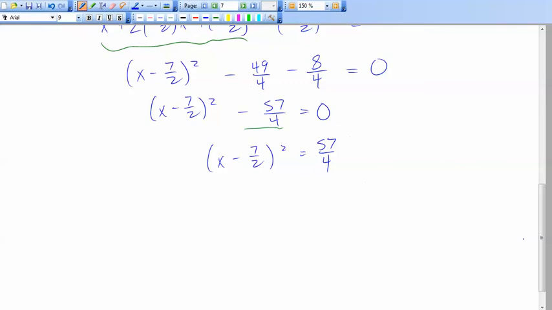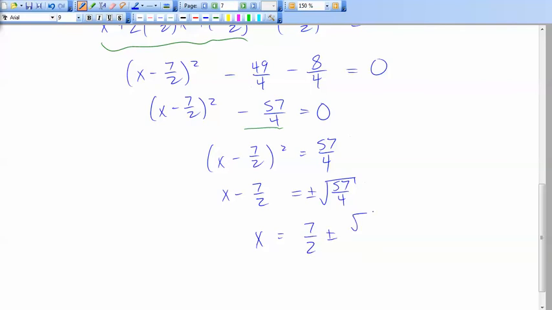Well, how do we undo a square? Well, we'll take the square root of both sides. Actually, we'll need to take the positive and negative square root of both sides, because I don't know which one was being used here. There are two possibilities. The positive square root or the negative square root squared will give me 57 over 4. And then the last thing that I need to do is just add 7/2 to both sides.